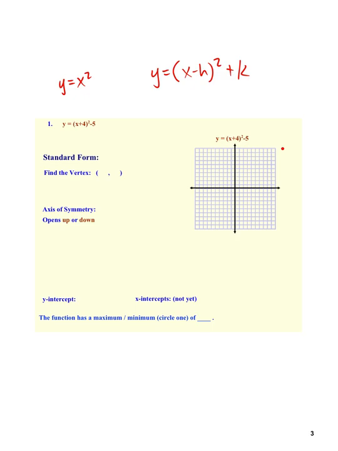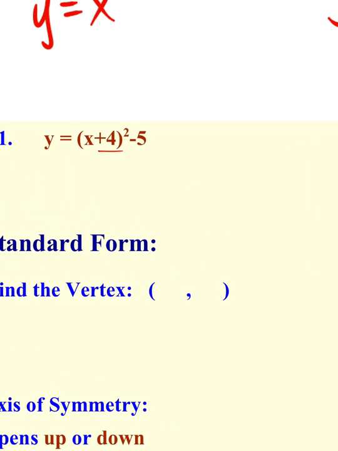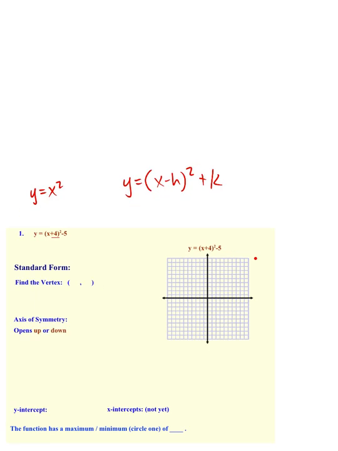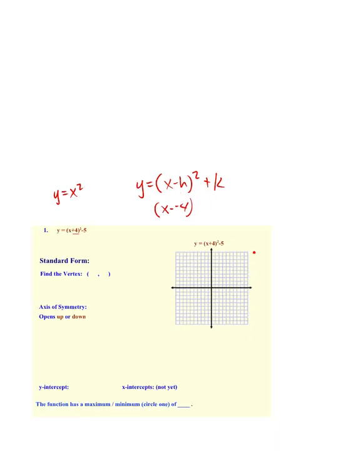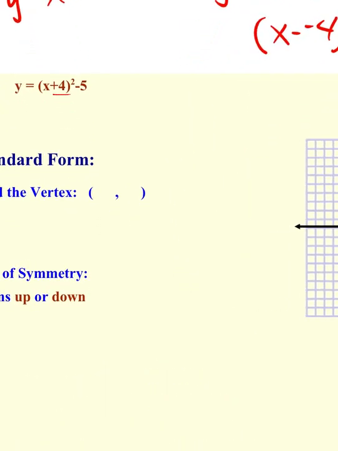So we've got a plus 4 here, which means that h would have had to have been a negative 4 in order to make it a plus 4. So the x value of our vertex will be negative 4.